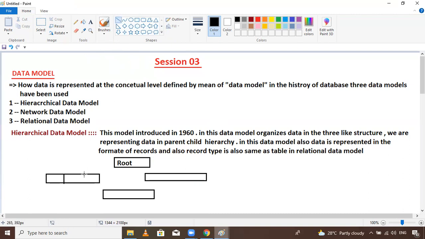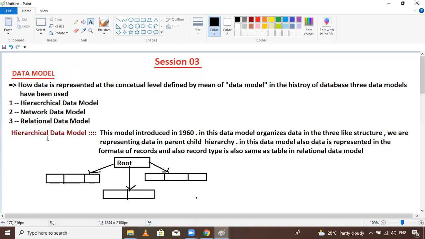Suppose this is related to this, and this one relates to this. This one links directly with this.